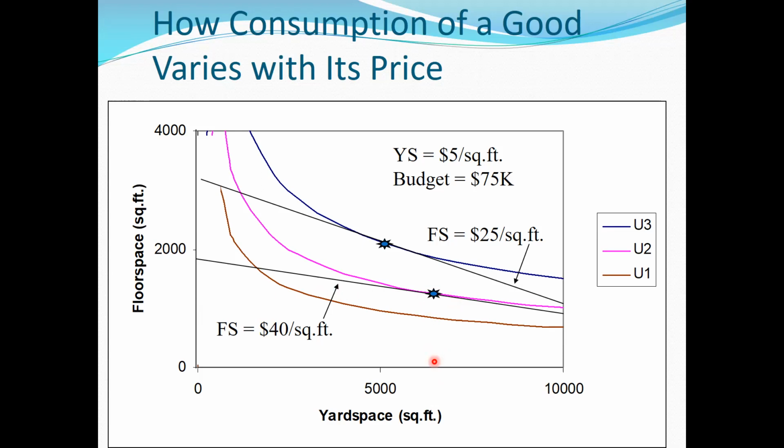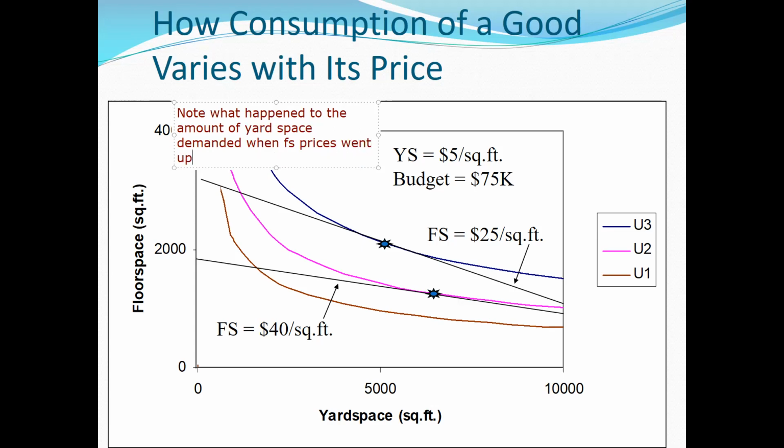So my question is, I'm going to try to type it here. Could you note what happened to the amount of yard space demanded when floor space prices go up?